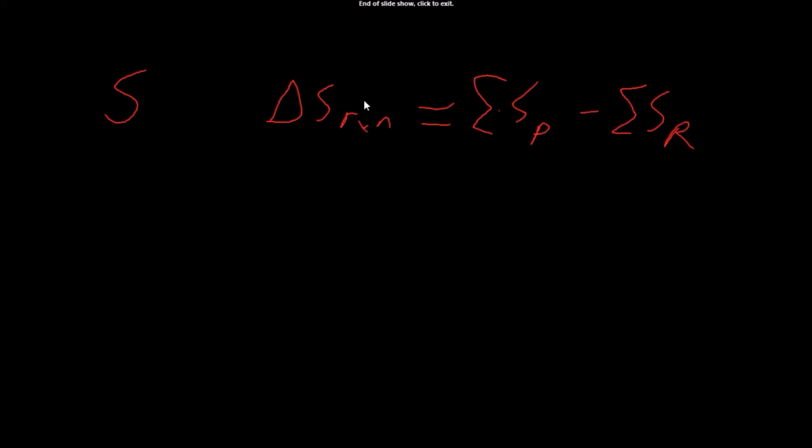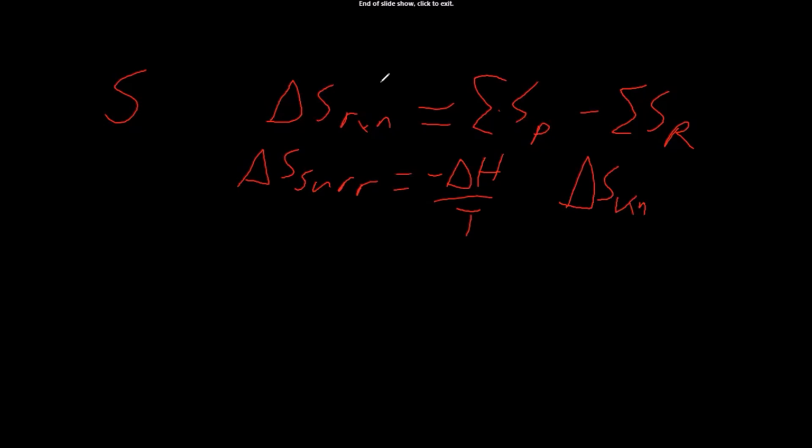We learned delta S surroundings is equal to negative delta H over T. And we learned from the second law of thermodynamics that the delta S universe is equal to delta S system, or delta S reaction, plus delta S surroundings.